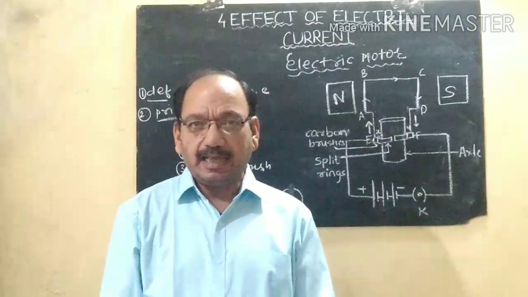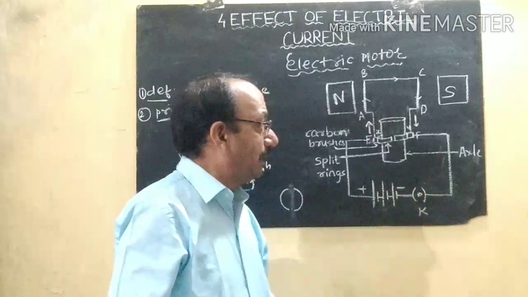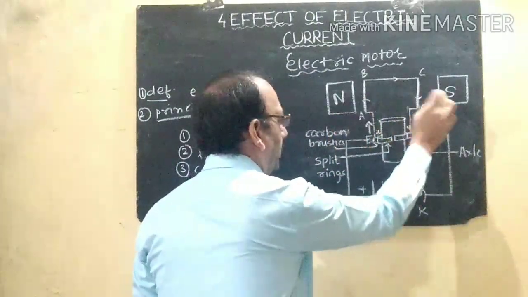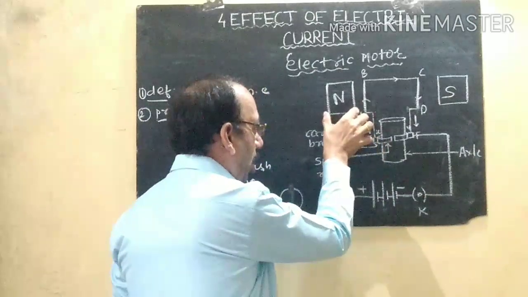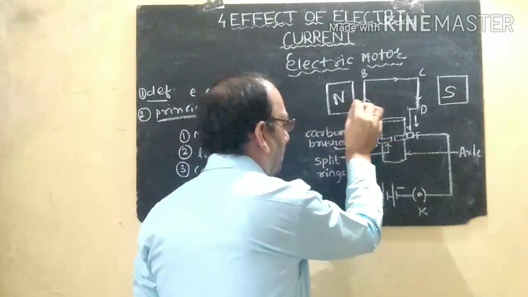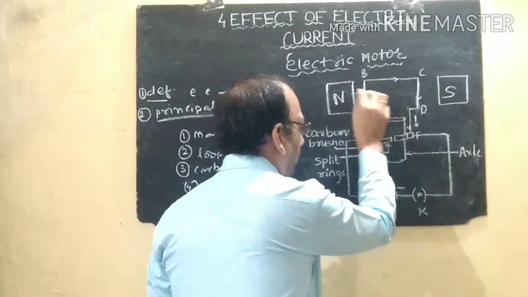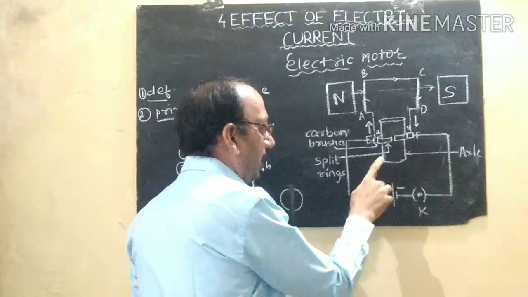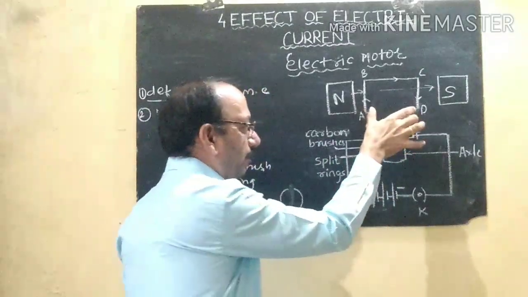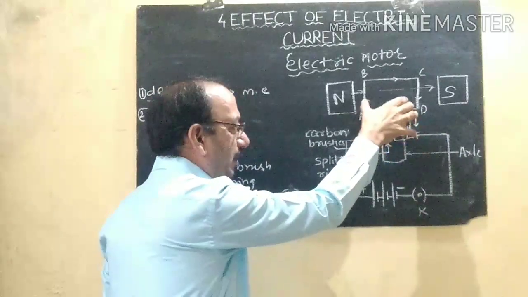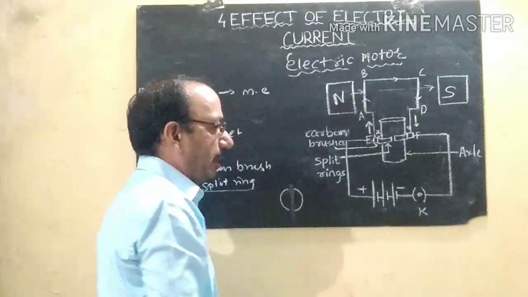If you observe the direction of AB and CD, they are perpendicular to the direction of magnetic field. The horseshoe magnet which is kept here in this figure, the direction of magnetic field will be in this direction, north to south. And this armature coil, this loop ABCD, is kept in a strong horseshoe magnet.